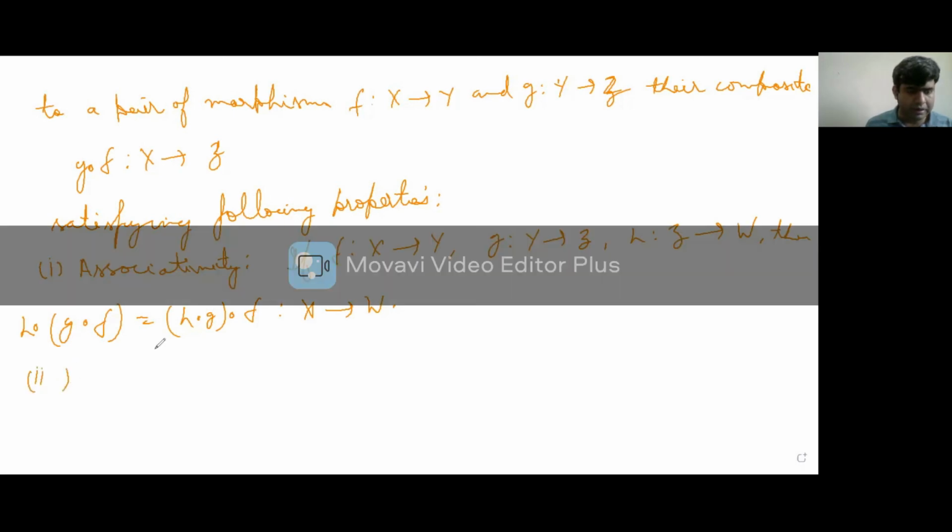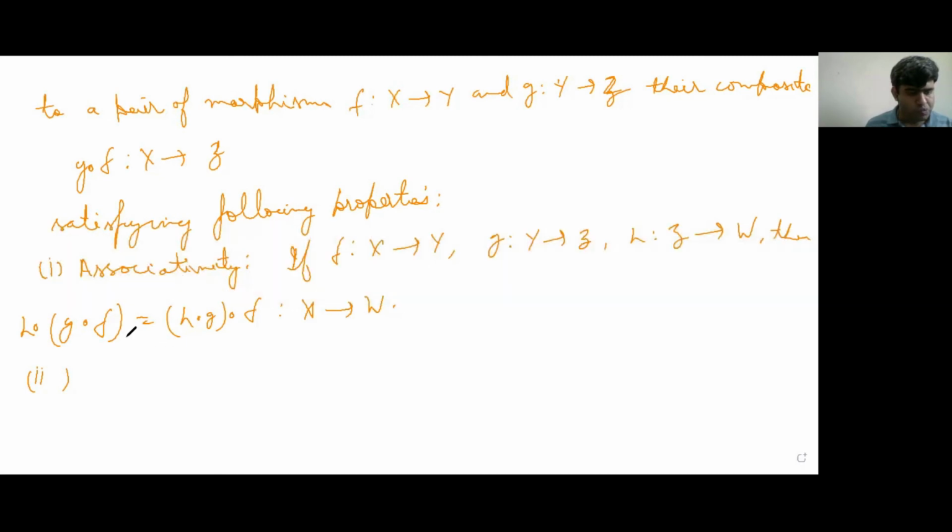Next property is the existence of identity.